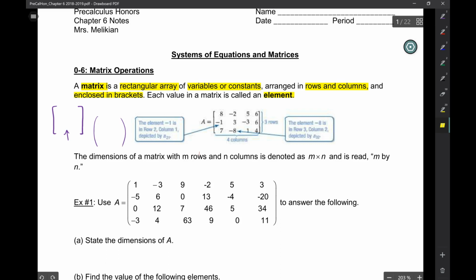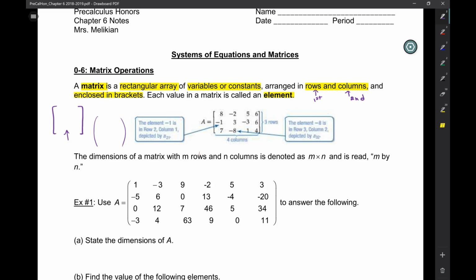There is a specific way of how we refer to these elements. Remember, in matrices, when you have rows and columns, the precedence to label and to name is always rows first, columns second. Whether you're describing the matrix or calling out an element, it's always rows first, then columns.